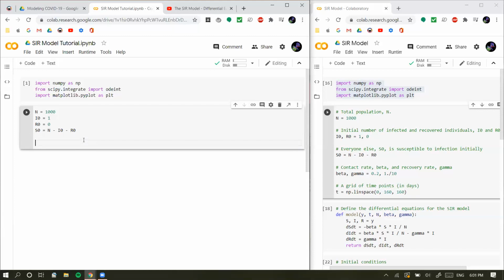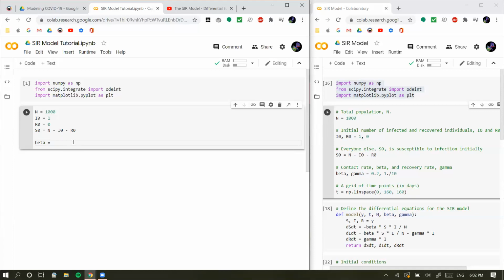So now we want to talk about beta, which is that funny looking B that we saw earlier, and then gamma, which is that other symbol. So we want to set beta equal to the chance that an infected person and a susceptible person are going to come into contact and they're going to get sick, okay? So this is when a person with COVID-19, that one student who came to school, this is how much they're going to contact other people at that school and the chance that they'll get infected.